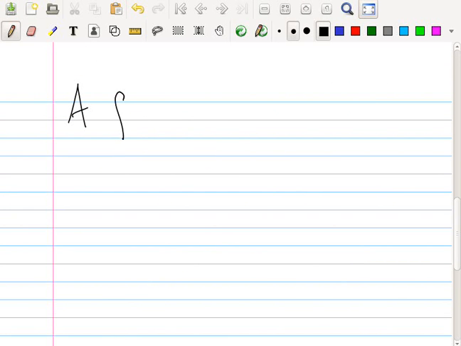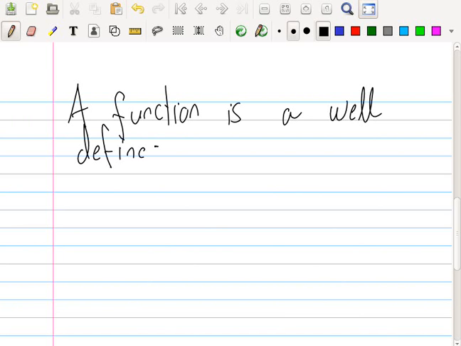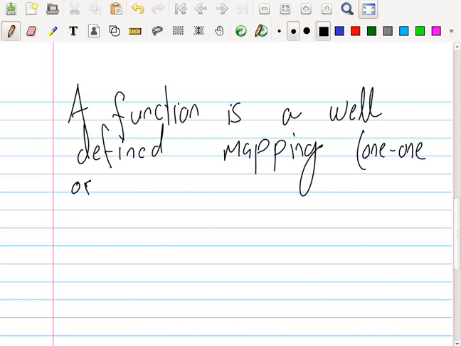A function is a well-defined mapping. And what on earth is a well-defined mapping? Well, a well-defined mapping is a mapping that is 1 to 1, or what could we have?